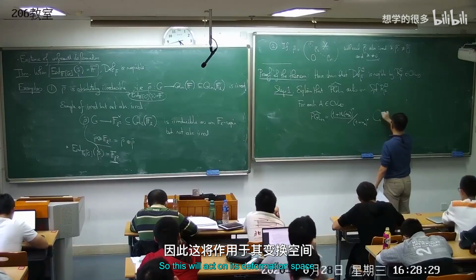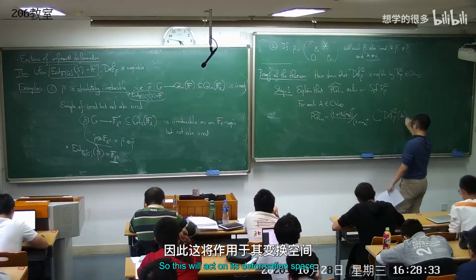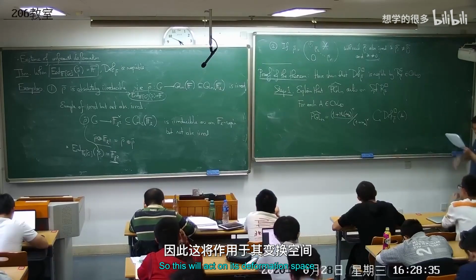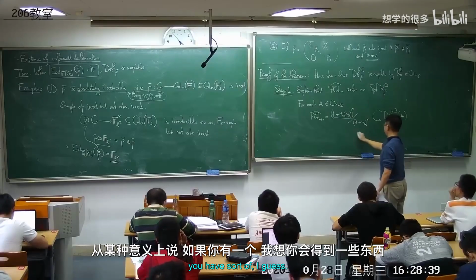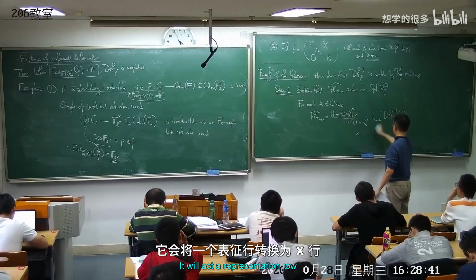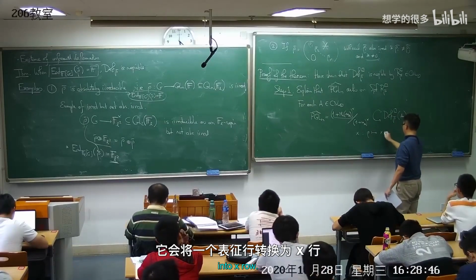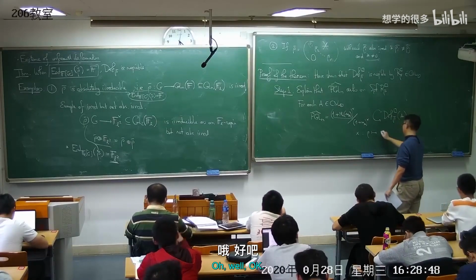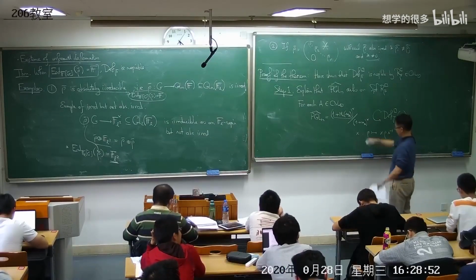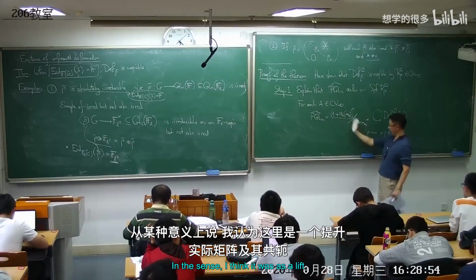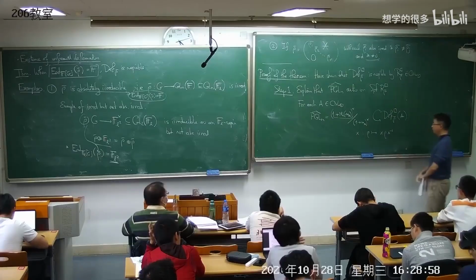So this will act on this deformation space, in the sense that if you have X, it will send a representation rho to X rho. I think of X as a lift, an actual matrix, and then conjugate.